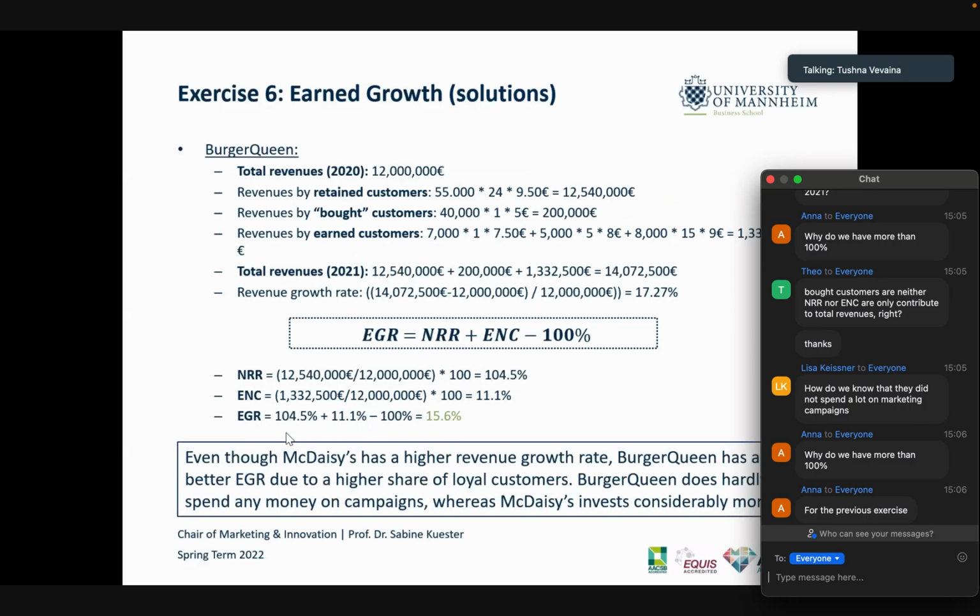And over here, we have 104.5 because your customers that are retained form a much heavier part than your newly owned or newly bought customers. So your retained customers are like 55,000 versus your owned customers, which would be 7,000 plus 5,000 plus 8,000.